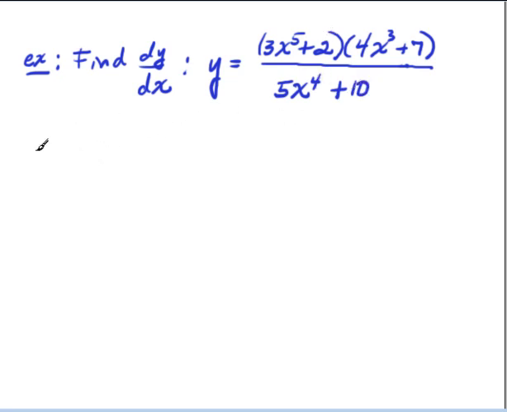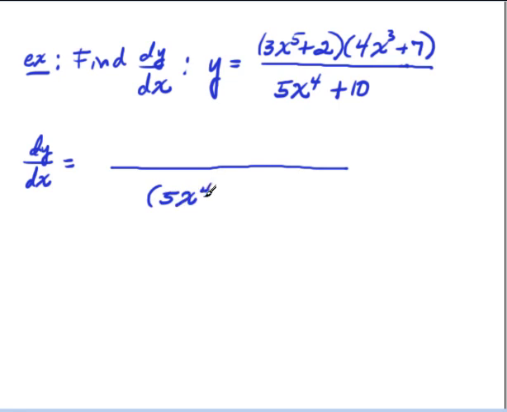This is a quotient, so we have dy dx is equal to g squared, or the denominator squared, goes in the denominator. Okay, that's g squared, and copy g over here.